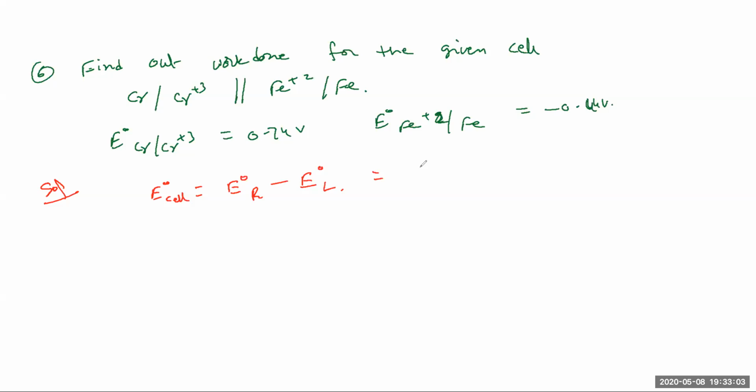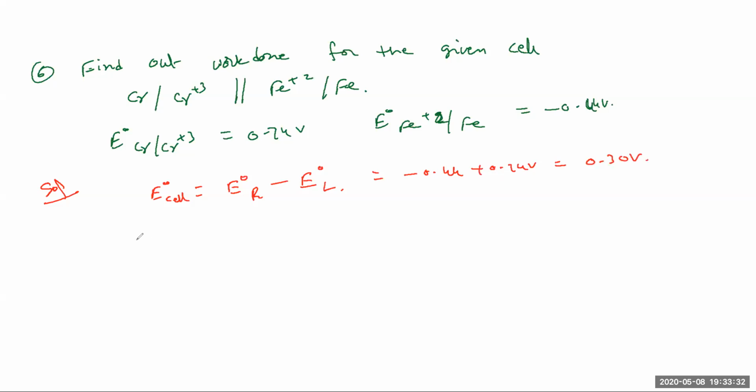So iron is reduction potential, right? Minus 0.44 minus of minus plus. Anode means it is plus 0.74 volts. That is equal to 0.30 volts.